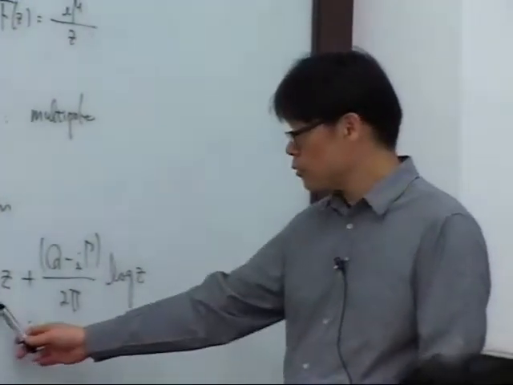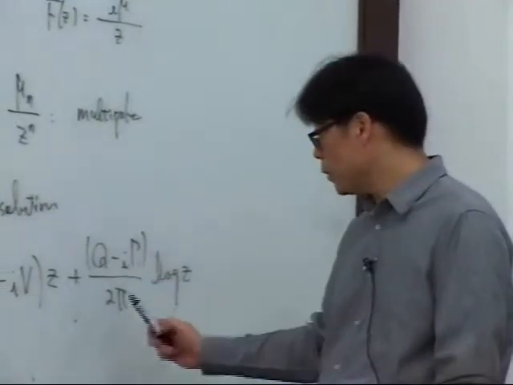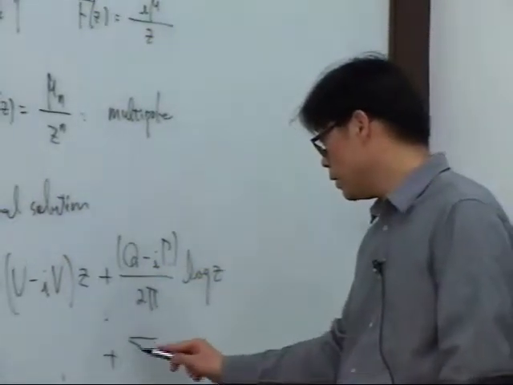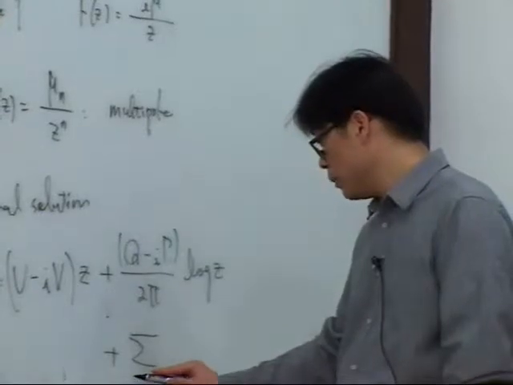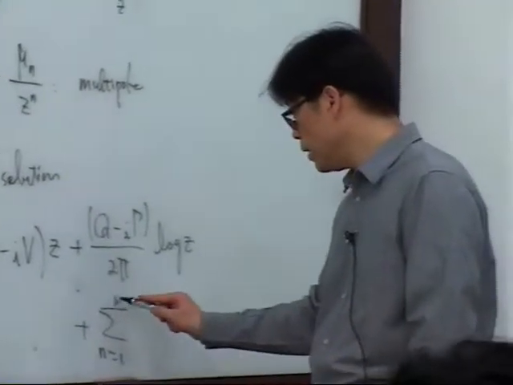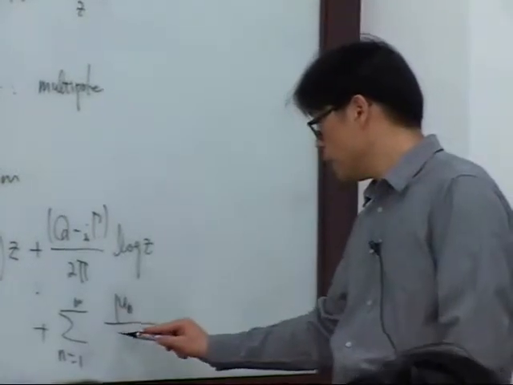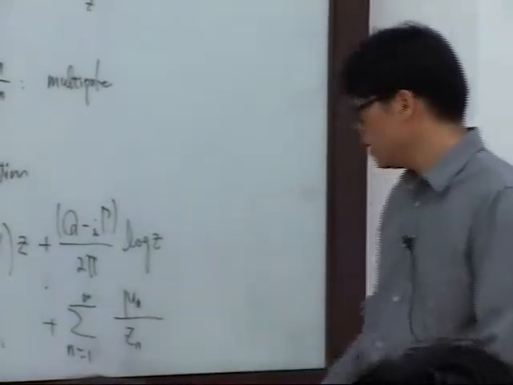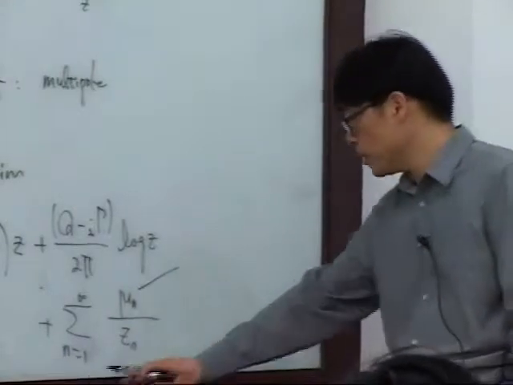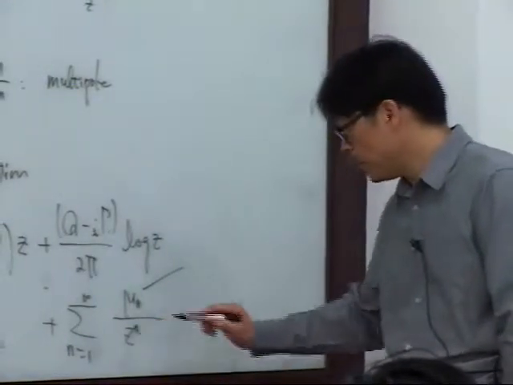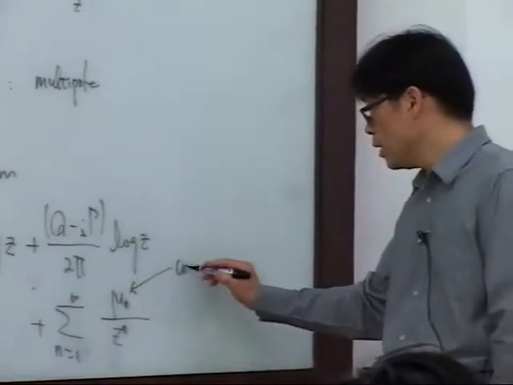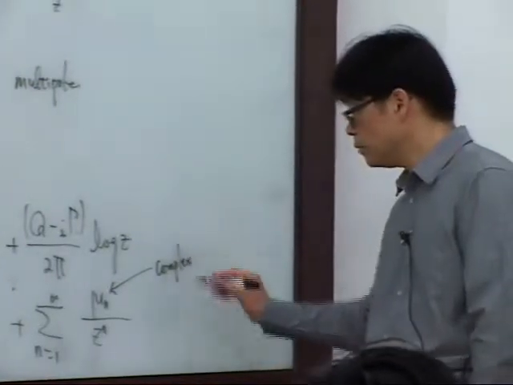This is the uniform stream, and this is source and vortex, and then you take derivatives, the summation from 1 to infinity of mu n over z to the nth power, and mu n can be complex. Okay.